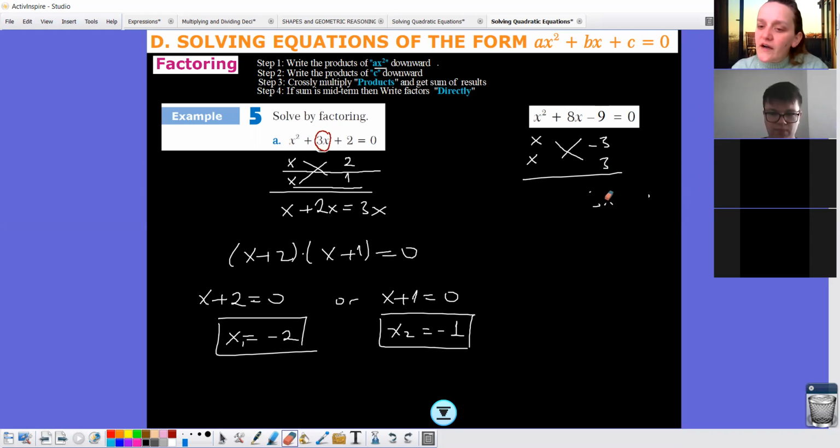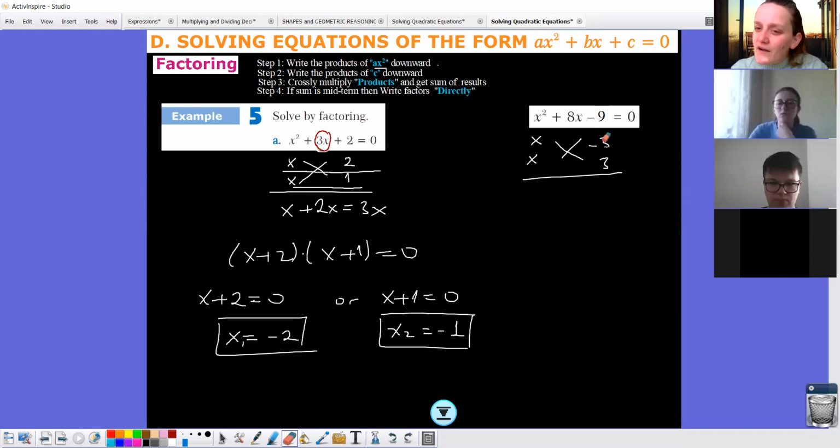Then I will check 9 times 1. 9 and 1 are also factors of 9. But now I need to choose where to put the minus. To put minus 9 or minus 1? Here minus 1, yes, because here I have plus. So it will be minus 1. What will I get? Minus x plus 9x, which is plus 8x.